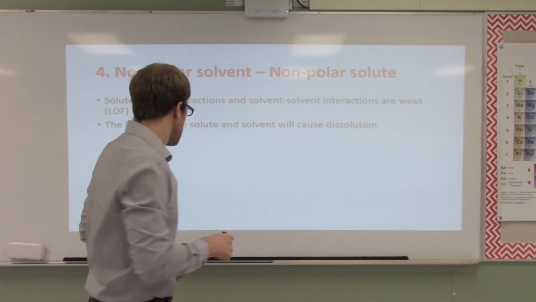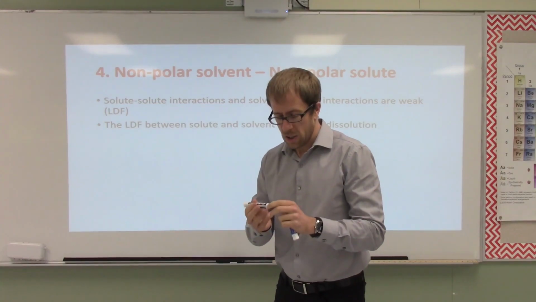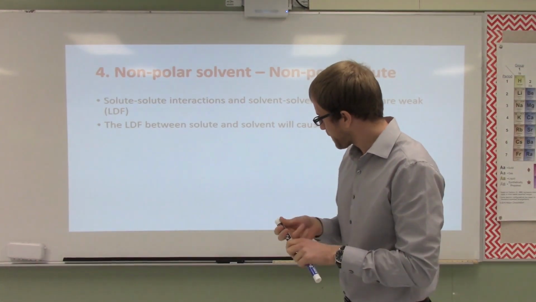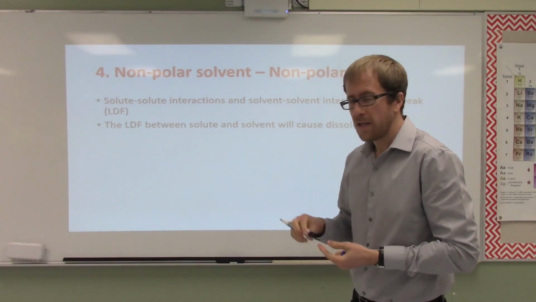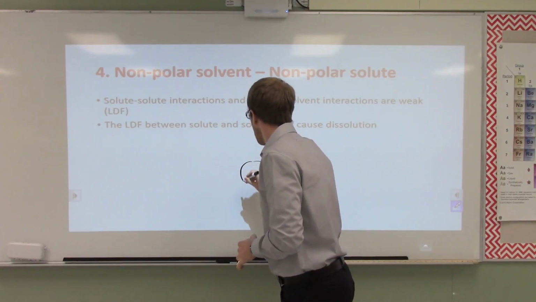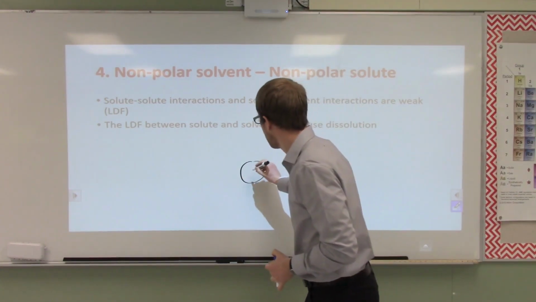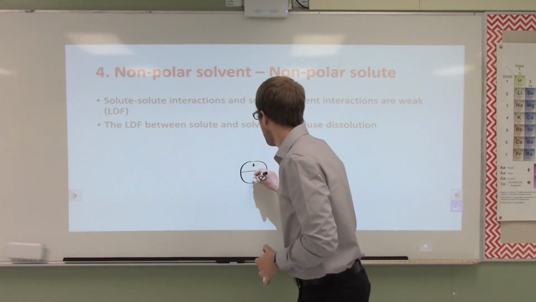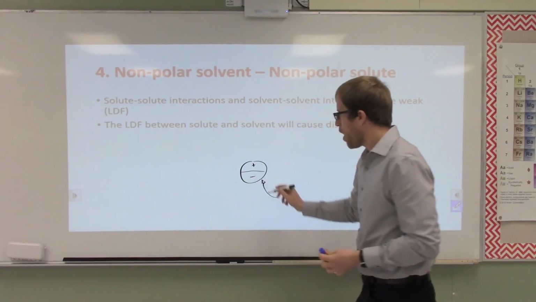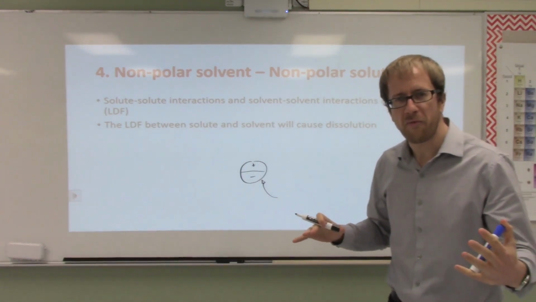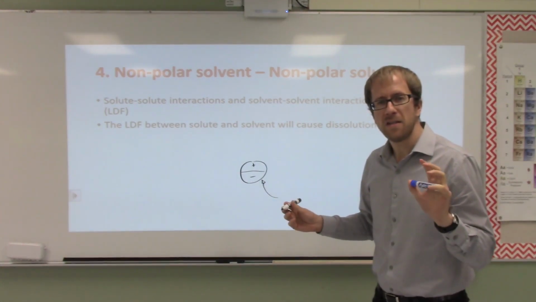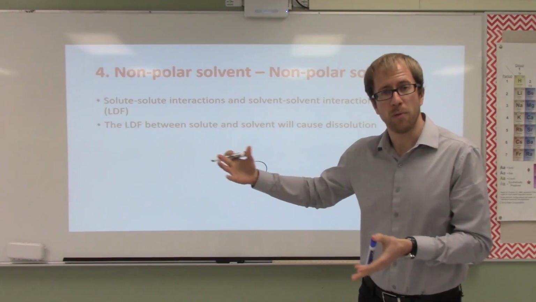Right? So it's going to look very, very similar to the last drawing I just drew. The only difference is that London dispersion forces, right? Let's say that this here is our solute, for example. Right, here's our solute. And why did I draw it with positive, negative charge? A little bit of physical properties review. Well, what is LDF? LDF is caused by a temporary dipole, right?